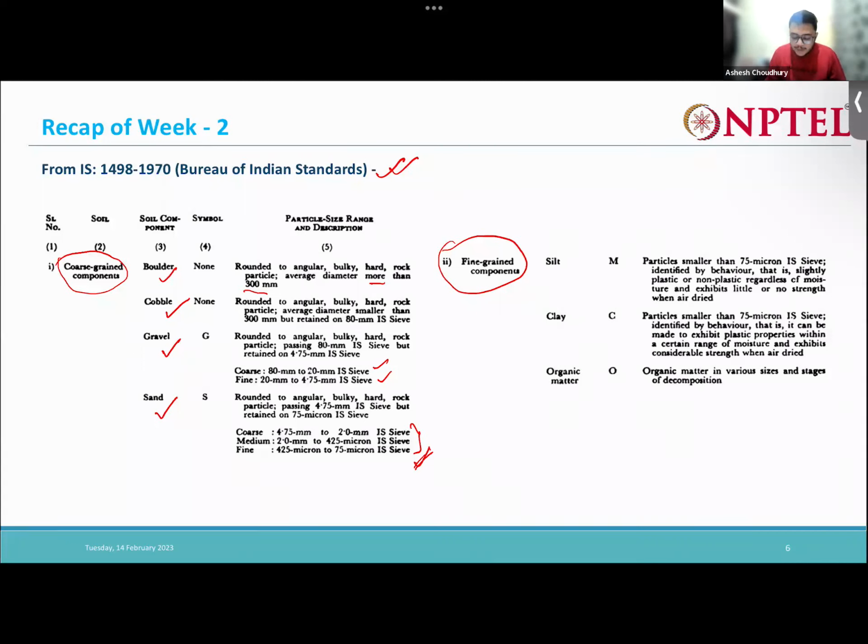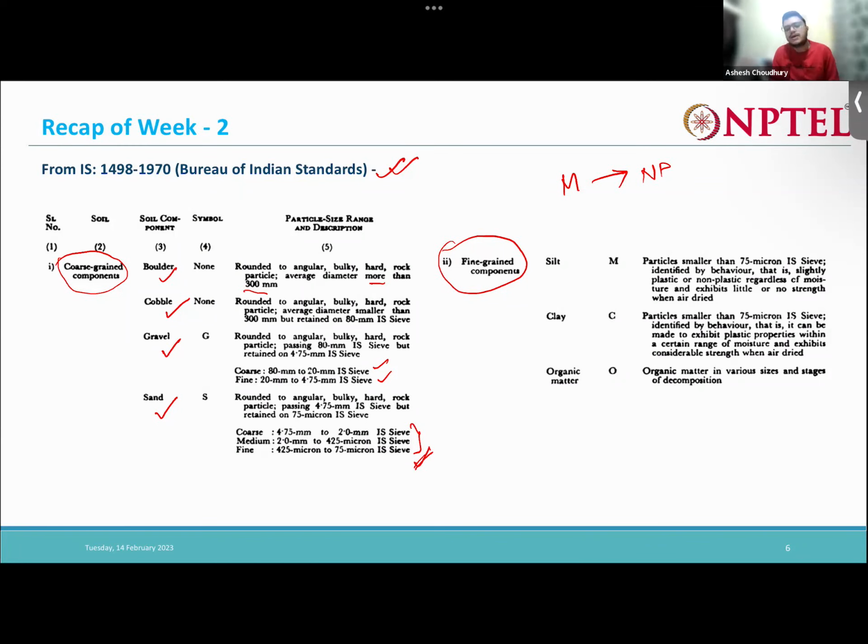Then we have fine grain components. Fine grain components are clay, silt, and organic matter. Clay and silt both are particles that have size lower than 75 micron. But the main distinguishing feature of silt is that they are mostly non-plastic, meaning they do not have plasticity.